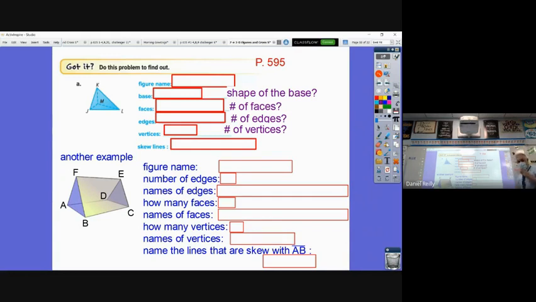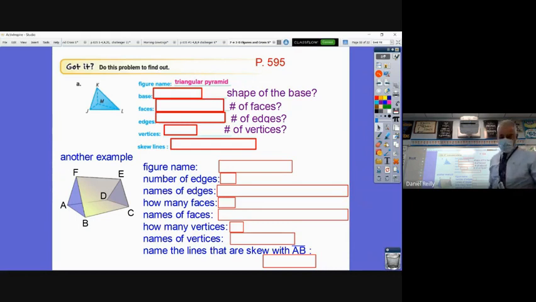What's this thing called? A triangle. This is a pyramid, and the base is a triangle, so it is a triangular pyramid. A triangular pyramid.